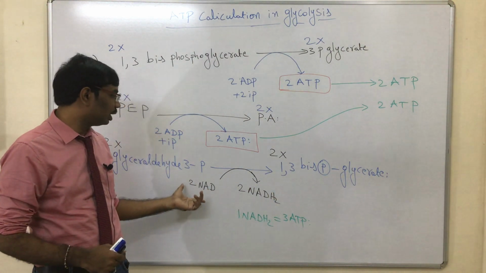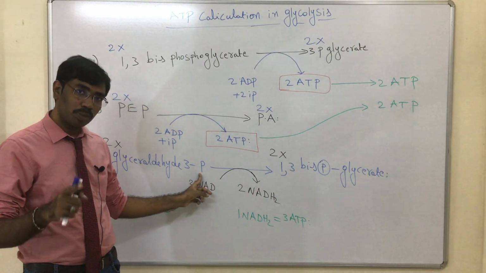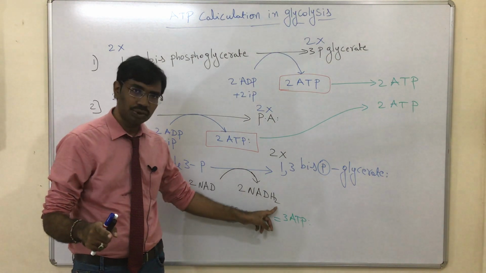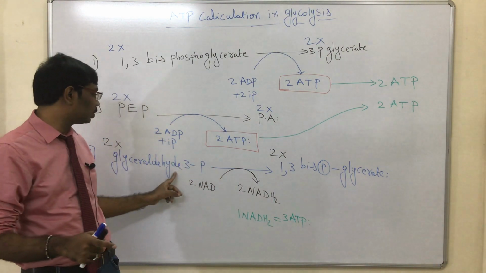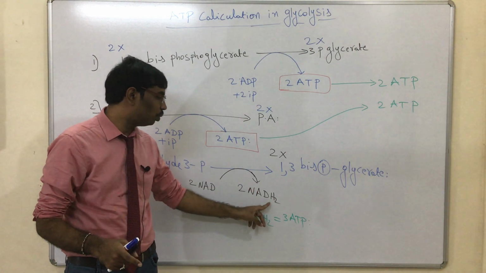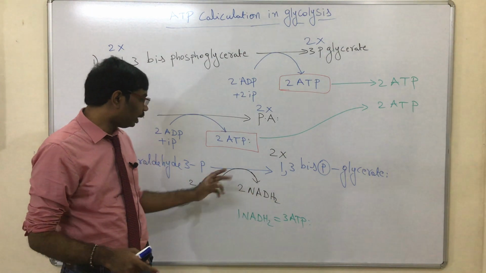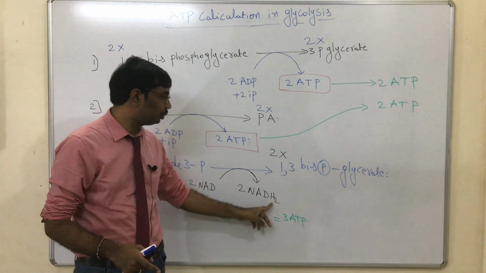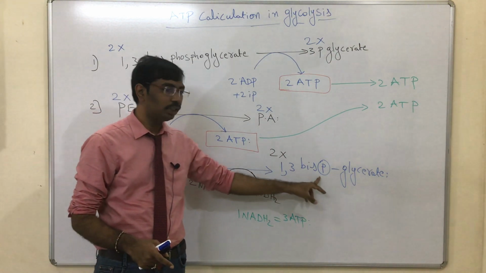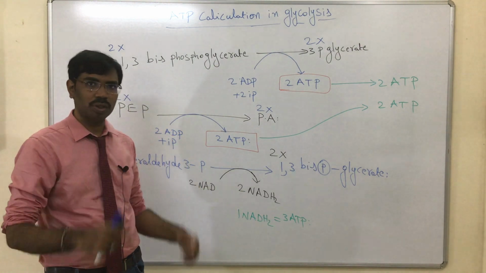If 1 molecule of glyceraldehyde 3-phosphate is involved, 1 NADH2 is produced, but 2 molecules of glyceraldehyde 3-phosphate are involved in this reaction, so 2 molecules of NADH2 are produced. For reference, you can see my last video.